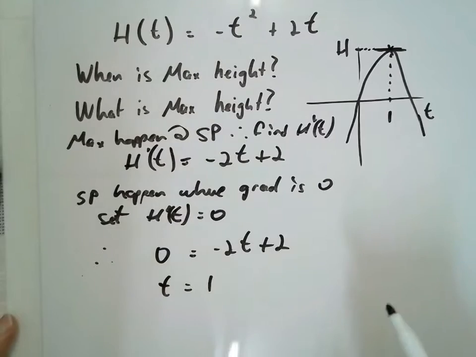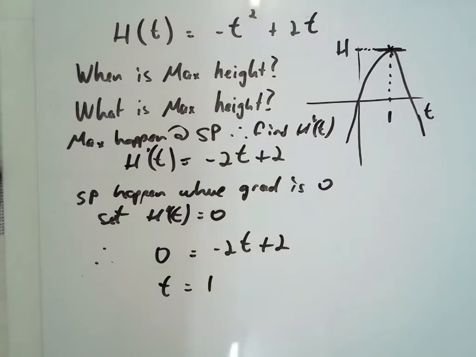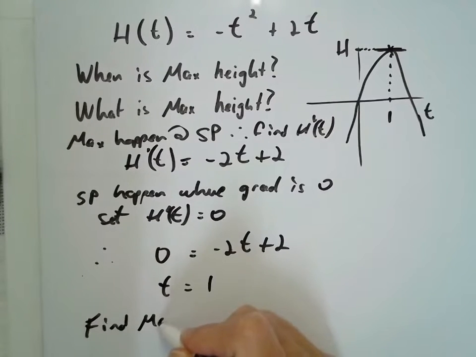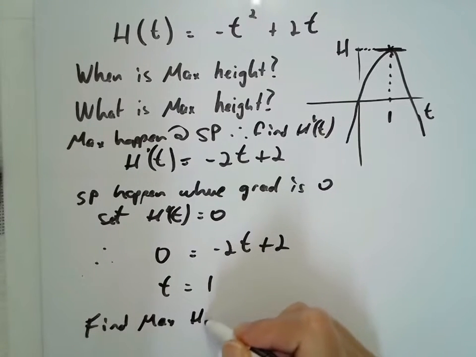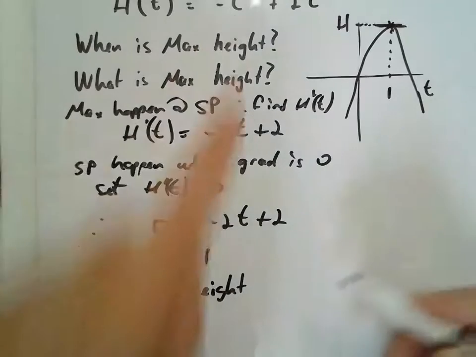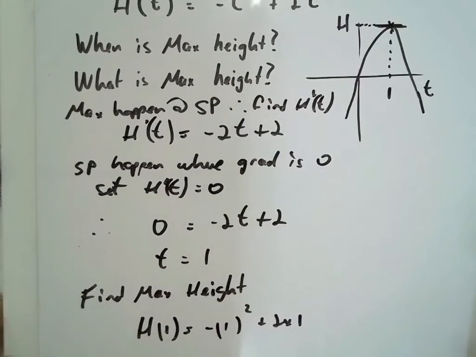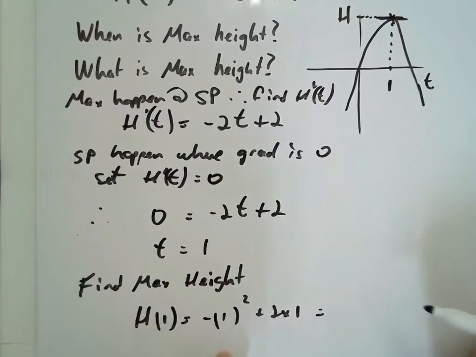Now to find the height, basically we want to find the function that says height equals, and we're going to set t equal to 1. So now we're going to find the maximum height, which is the height when t is 1, and we're going to substitute 1 in there, and that's going to be equal to minus 1 plus 2, which is 1.